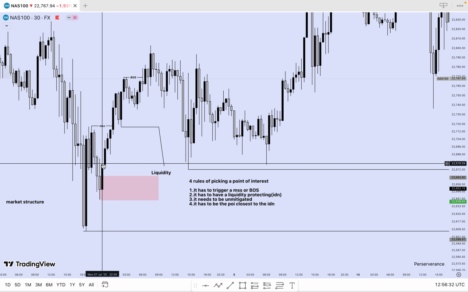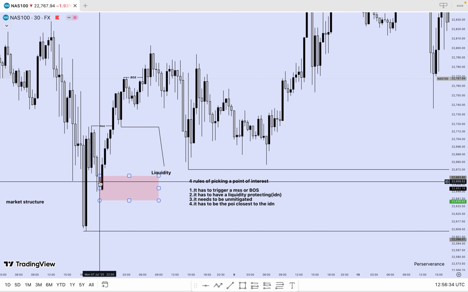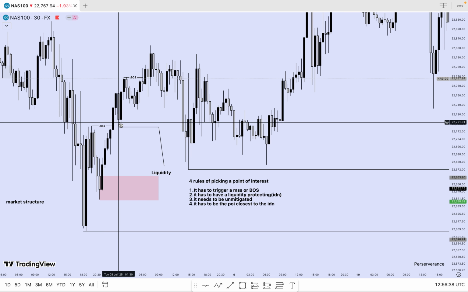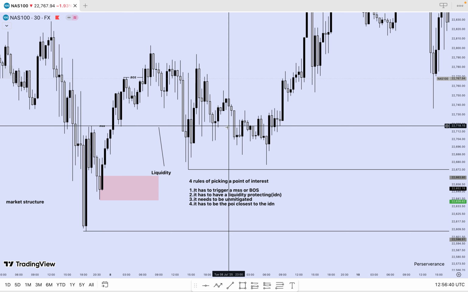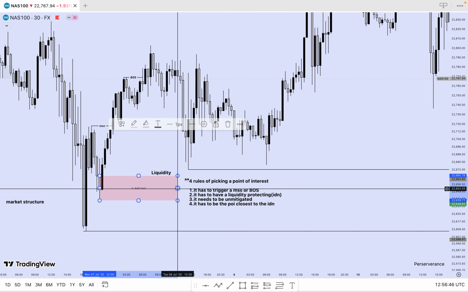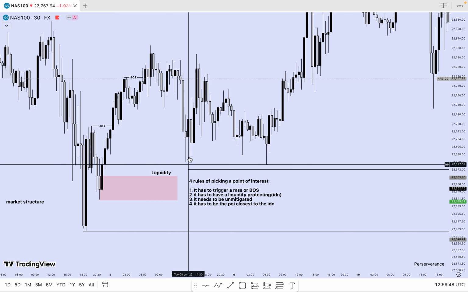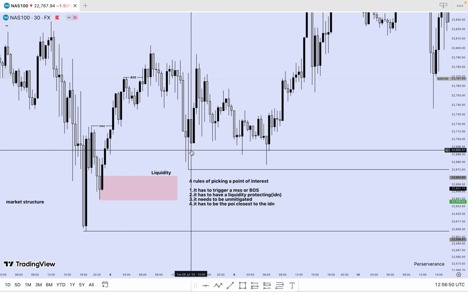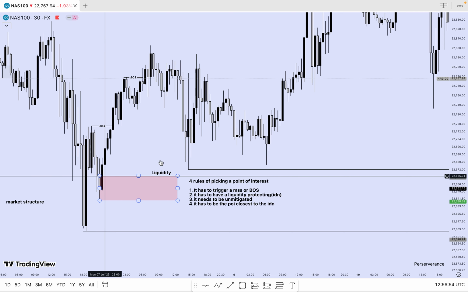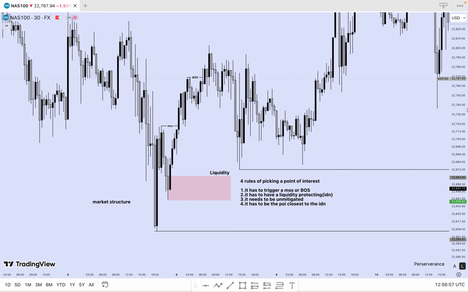This order block is unmitigated. Now this candlestick is the one closest to this inducement. So you see that I mark my inducement here, right? Now this order block is the one closest to it. That's the reason why this order block is a valid point of interest.